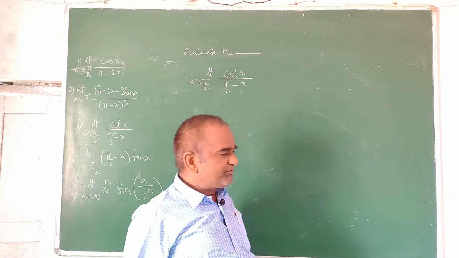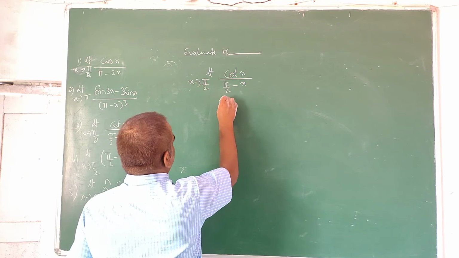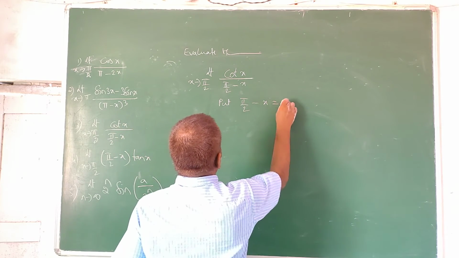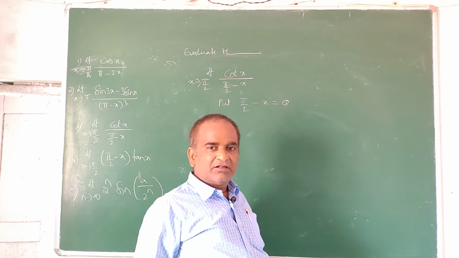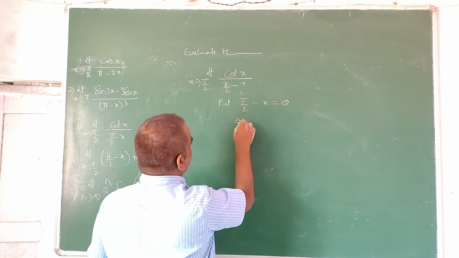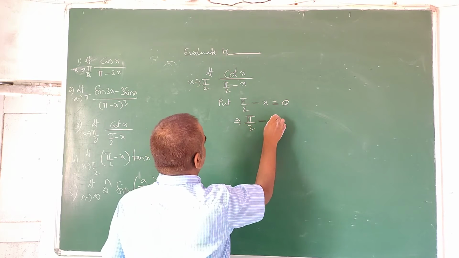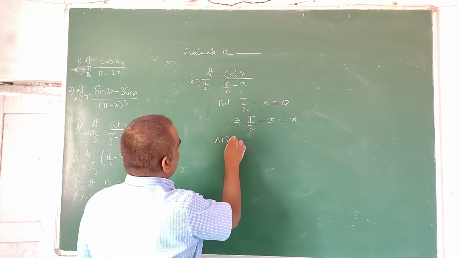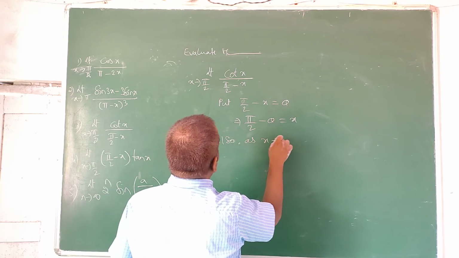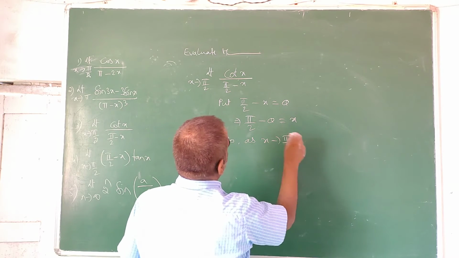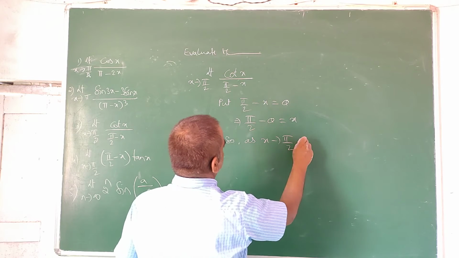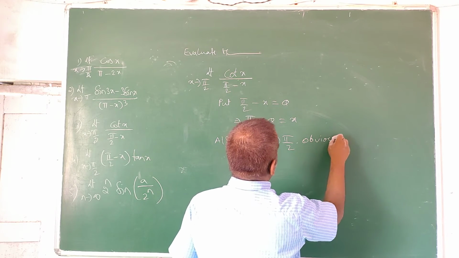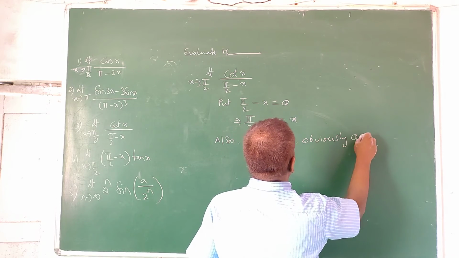Chalo, same procedure: put pi by 2 minus x equal to theta. So this implies pi by 2 minus theta is equal to x. Also, as x tends to pi by 2, pi by 2 minus pi by 2 is 0, so obviously theta tends to 0.